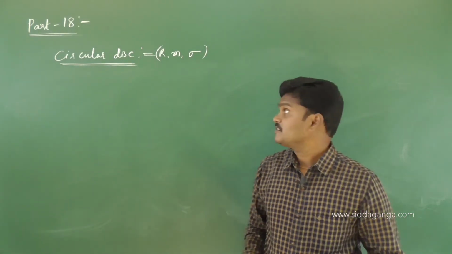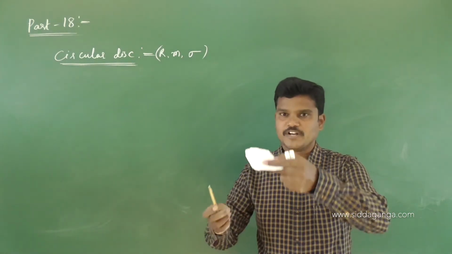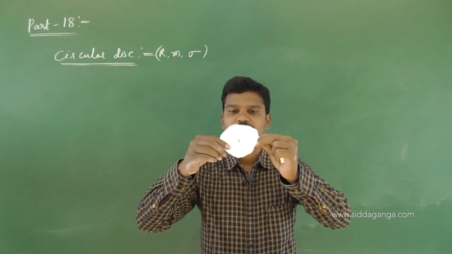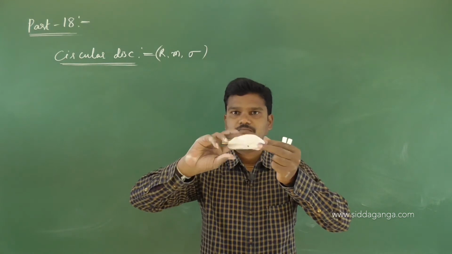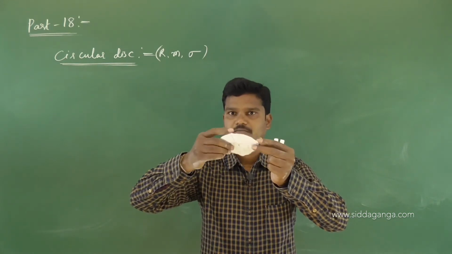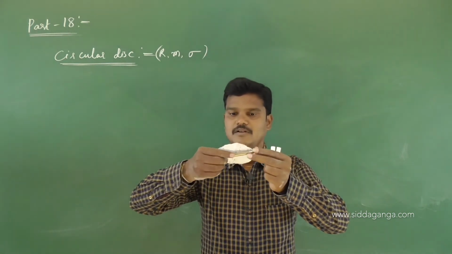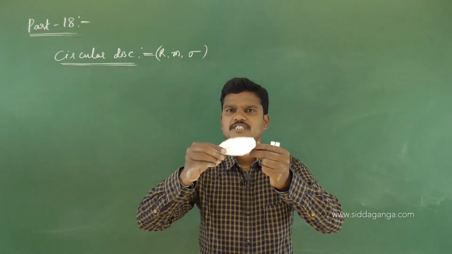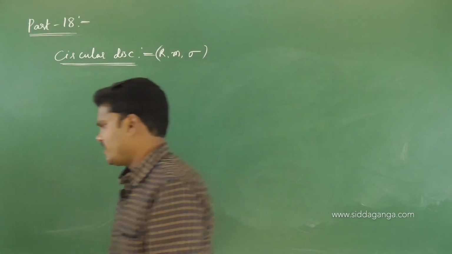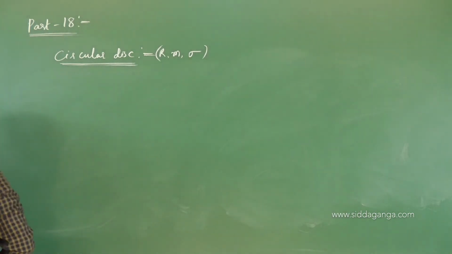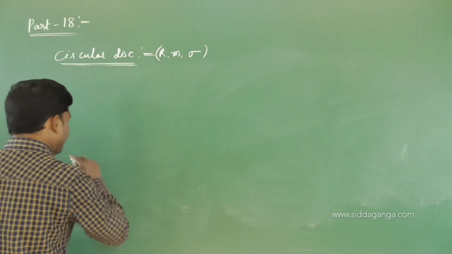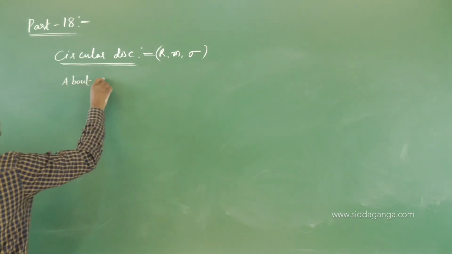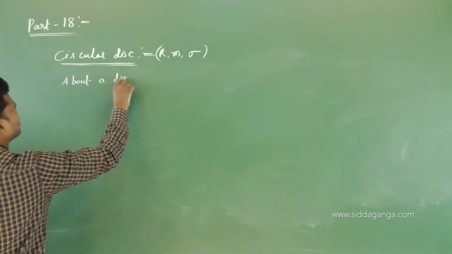So, the moment of inertia of the circular disc about a diameter. About diameter means, see, this is the diameter. Means the disc is rotating like this. This is the diameter. Got it? Otherwise, this one. This is also a diameter. The disc is rotating like this. So, about a diameter.